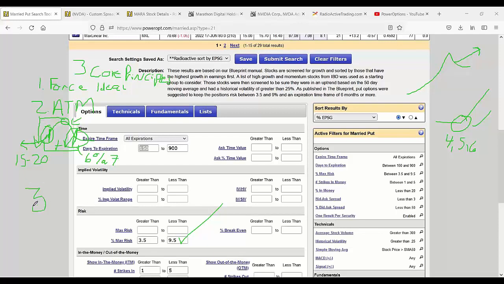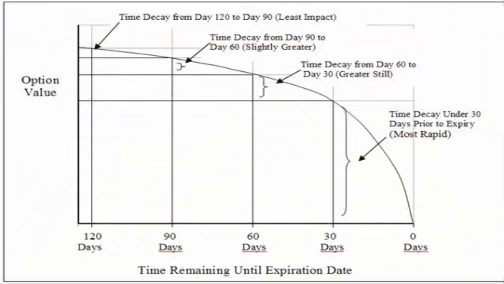And finally, Robert, related to your question, is the time decay curve of the options. What we typically look at here, this is about 90 days out to expiration. Time decay curve. This is about, I'd say, 60.